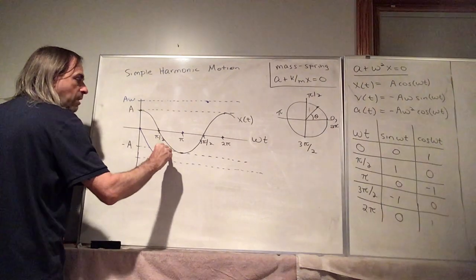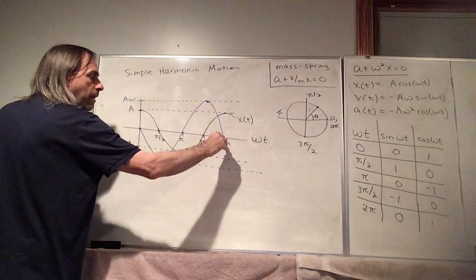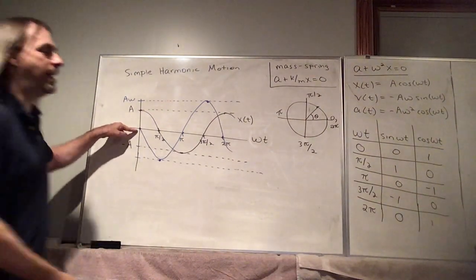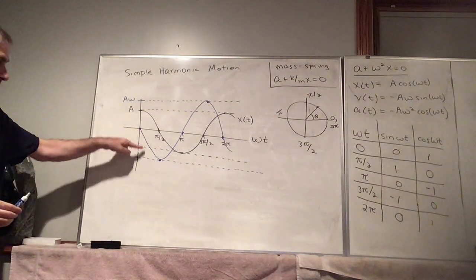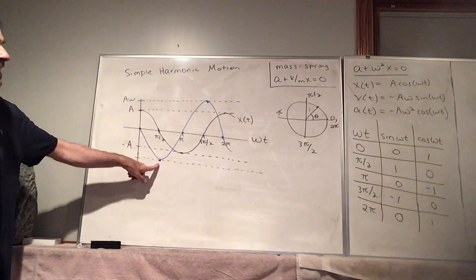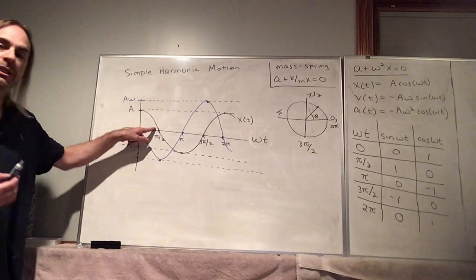So remember we started out at rest? We released this cart from rest, so our velocity is 0. And then the cart started moving to the left, so its velocity is negative. And then here we get maximum velocity. This is where x equals 0.